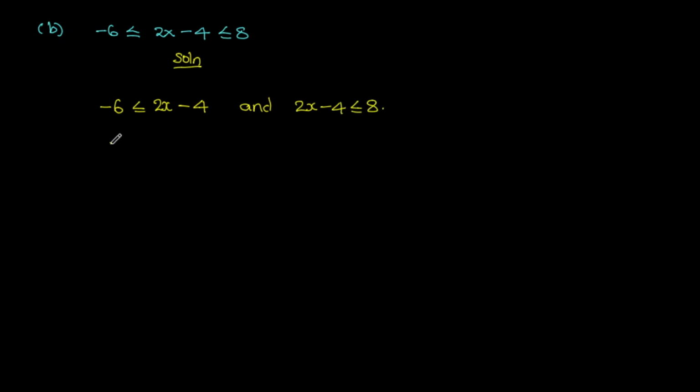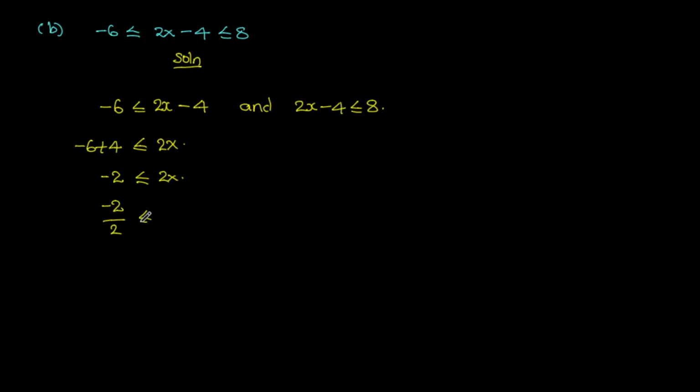Okay, so let's move on and solve this one here slowly and see how it moves. So we have a negative 6. Now when negative 4 crosses this sign, it changes to positive 4. So we have here is less than or equal to 2x. Now this one simplifies to negative 2 is less than or equal to also 2x. So we can divide both sides by 2 to get our x.